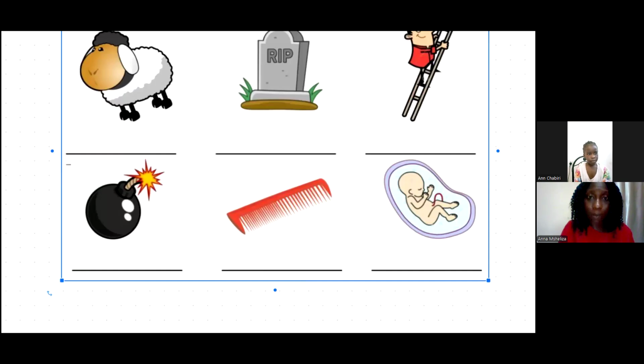Okay, so the silent B word for a baby sheep would be... Then, the silent B word for a place where dead people are kept would be tomb. A silent B word for a person who cannot see would be blind. A silent B word for an explosive would be bomb.